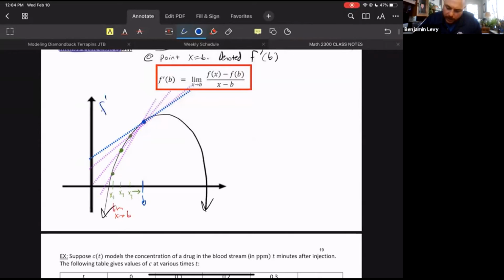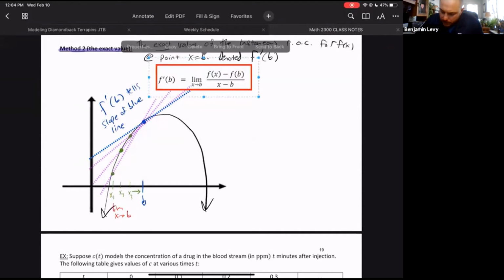And so what I'm trying here is f prime of B tells the slope of the blue line. And we obtain it using this concept of a limit. It doesn't look great. Let me try to adjust that a little bit here.